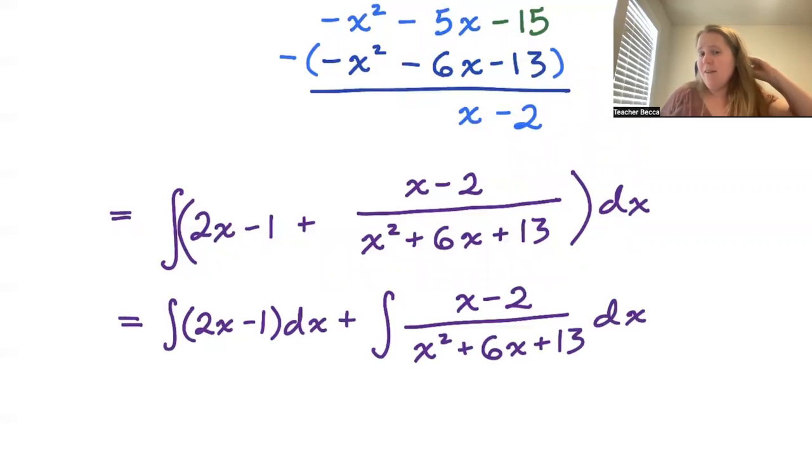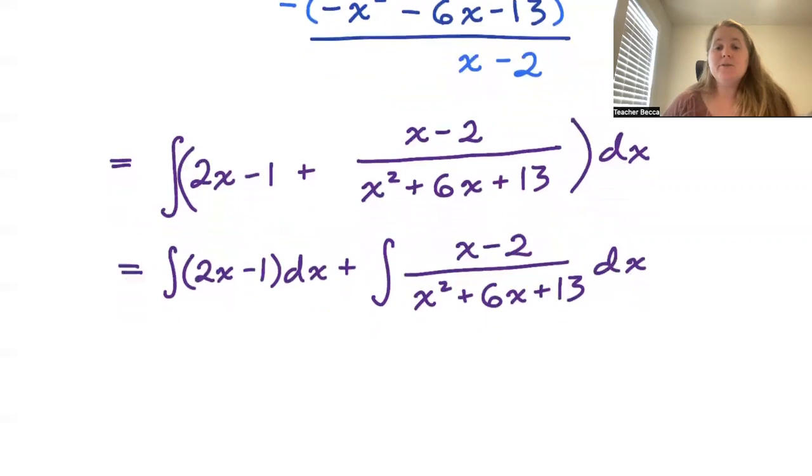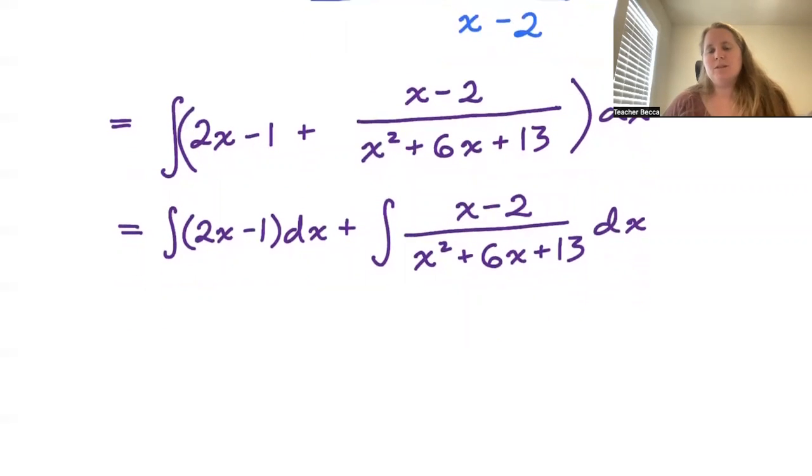Now, having an x in the numerator lends itself to a basic u-substitution problem here, since the derivative of x squared plus 6x plus 13 would drop us down to an x.